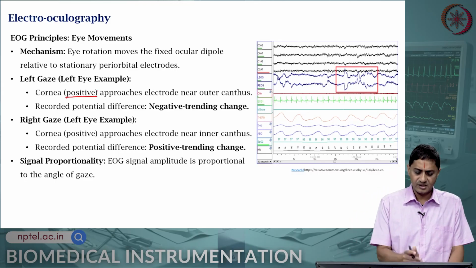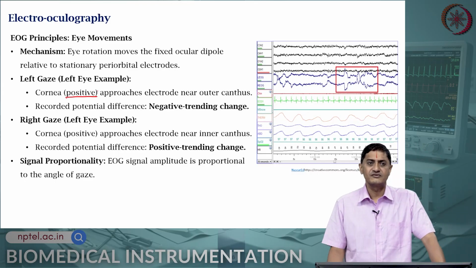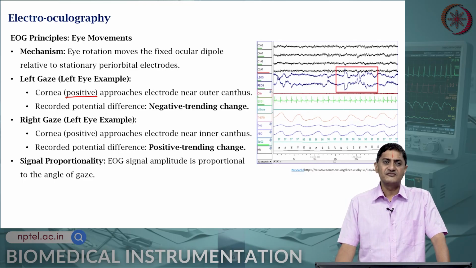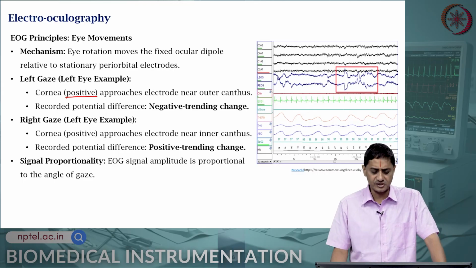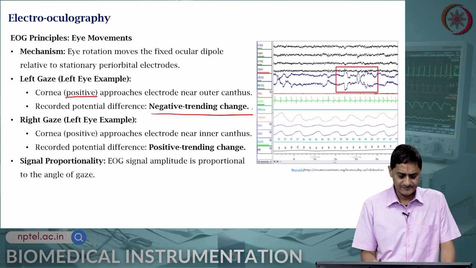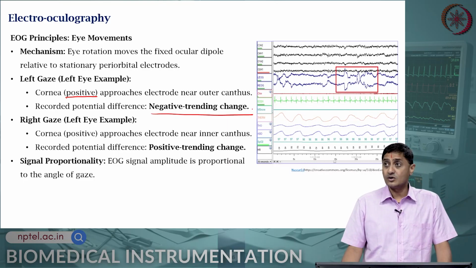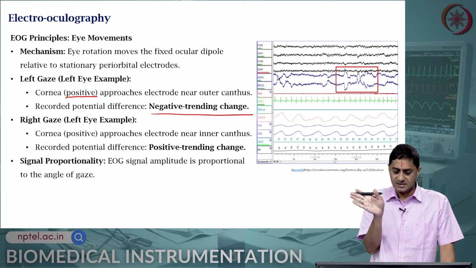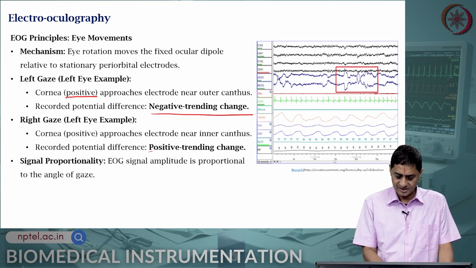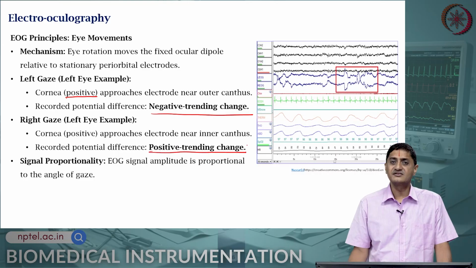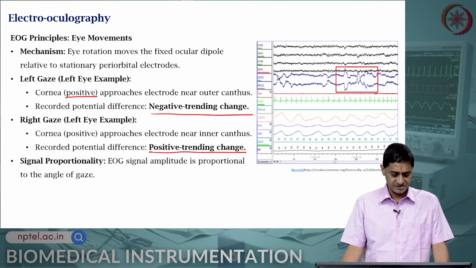So, if you are looking to the left with the left eye, the cornea approaches the electrode near the outer canthus and the recorded potential is a negative change. If the left eye looks to the right side, then the cornea approaches the electrode near the inner canthus, not the outer canthus, and that is reflected as a positive recorded change.